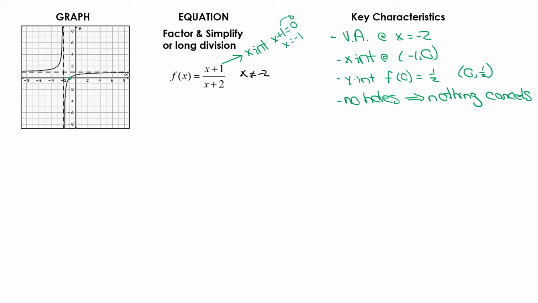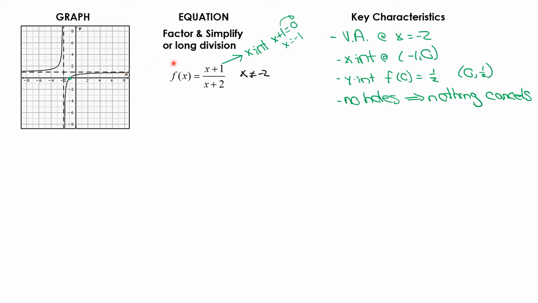If you were to sub in a really gigantic number for x, like 1,000,000, you would have 1,000,001 over 1,000,002. That's basically 1. Sub in any giant number you want for x, and the 1 and 2 are insignificant if you're adding 1 or adding 2. What you're really looking at is the x over the x. So you sub in 10 billion over 10 billion, that gives you a 1. That's where this 1 is coming from.